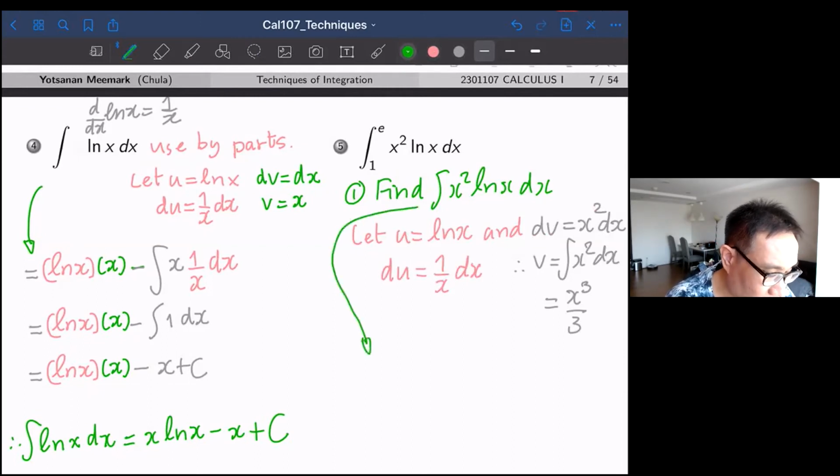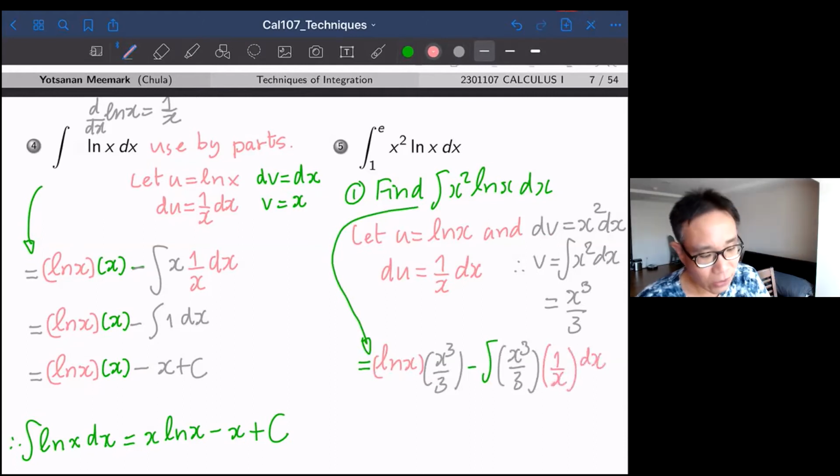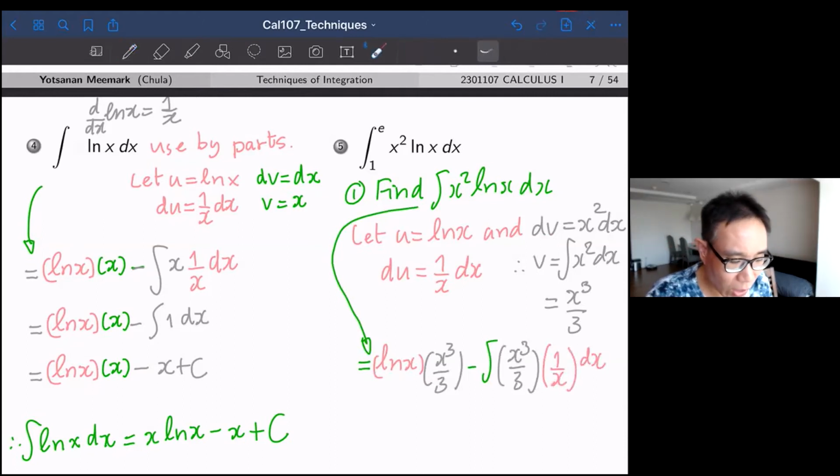So this one is uv, so it's going to be log x, and v will be x cubed over 3, minus the integral of v, which is x cubed over 3, times du, which is 1 over x dx. And you see that the power that seemed larger turns out to cancel with 1 over x to get the power kind of the same thing, without any other complicated term.